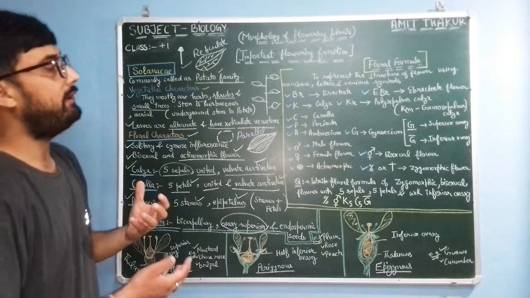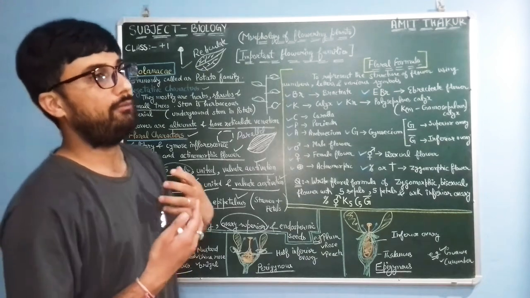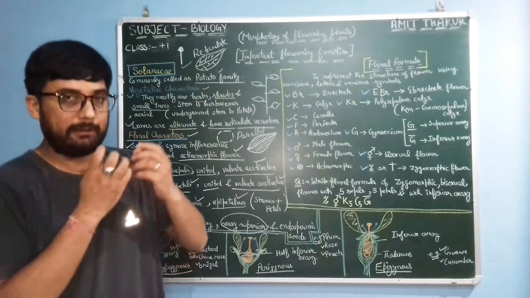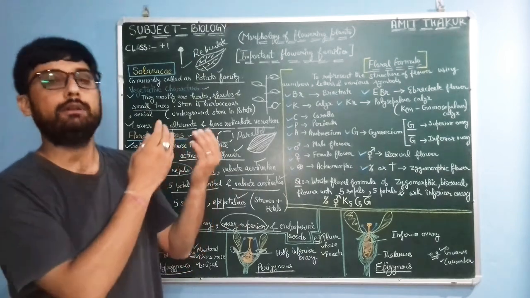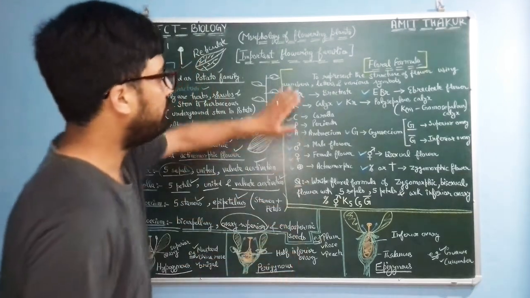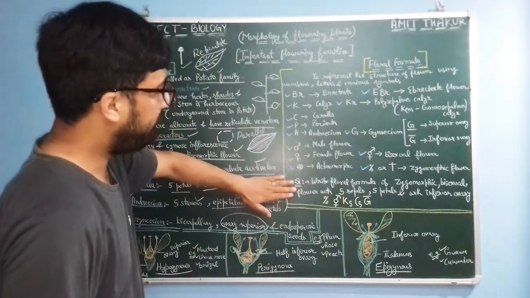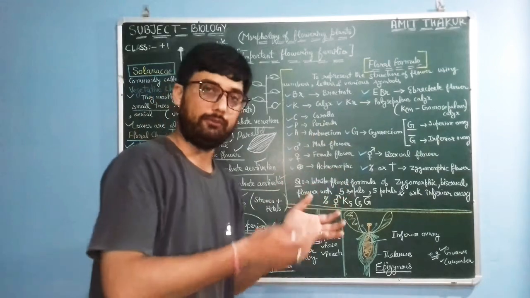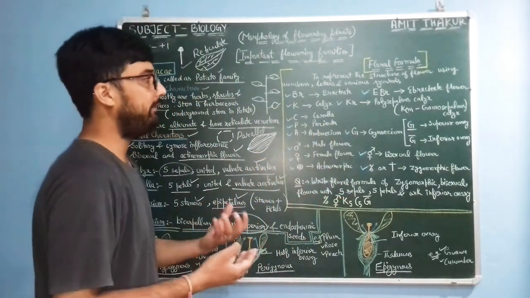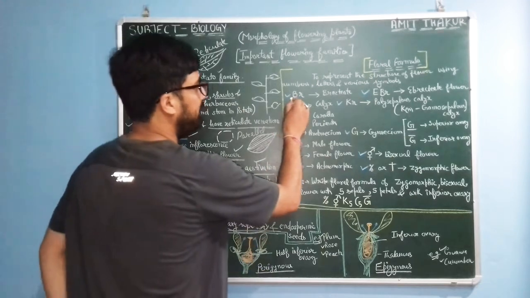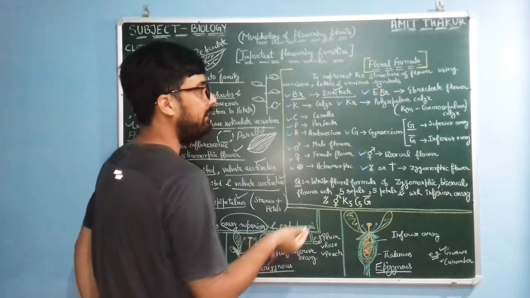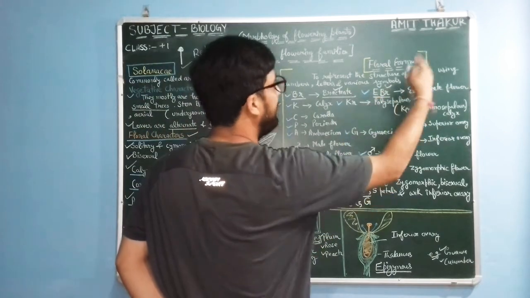So what is a floral formula? When we have to represent the structure of a flower, we represent it through numbers, signs, and symbols. These are the various symbols for the different parts of the flower. BR means bracteate flower, if the bracts are present in the flower, EBR for ebracteate flower.